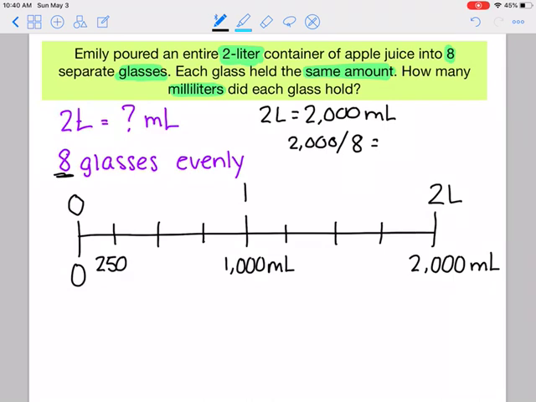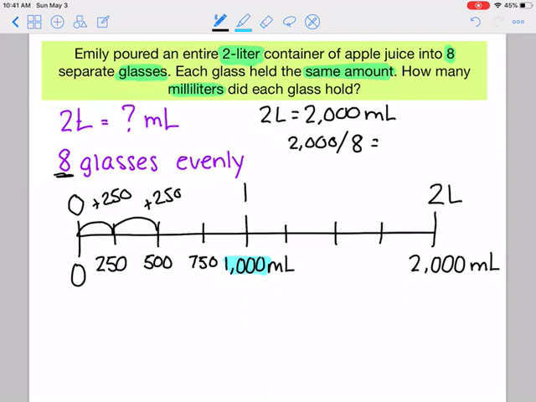Now, when you have 2 quarters, you have 50 cents, but since we're dealing with thousands, it would be 500 and 750. If you added those together, each time you move, you'd be adding 250. So you're adding 250. And eventually you'd get to our benchmark, our halfway point, which is 1,000.